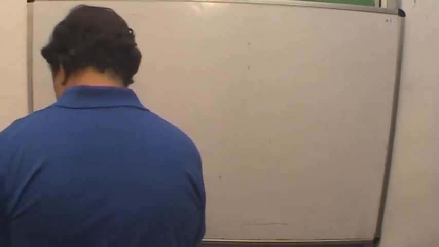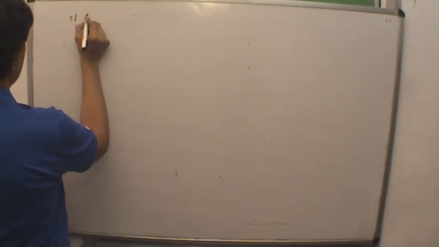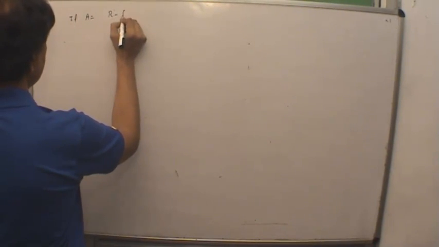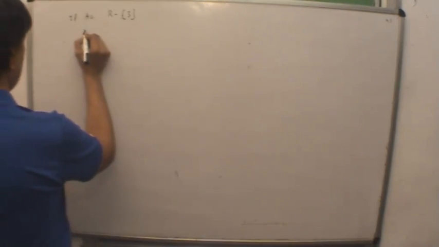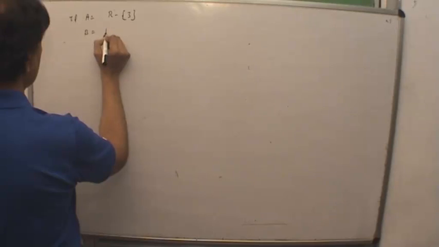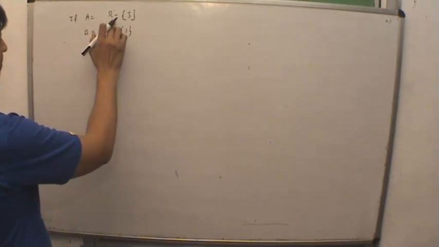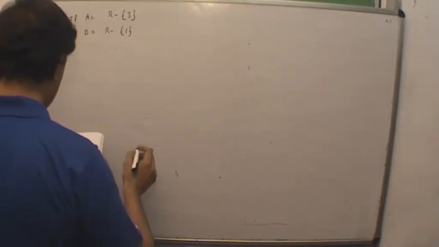If A is equal to R minus 3, where R is the set of real numbers, and B is equal to R minus 1. It means from the real numbers, 3 is deleted, and from the real numbers, 1 is deleted.